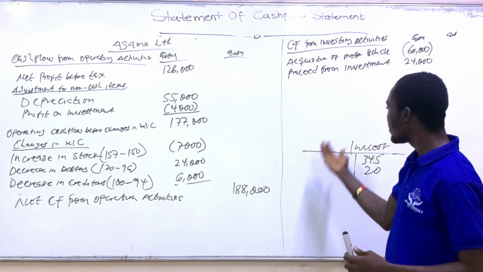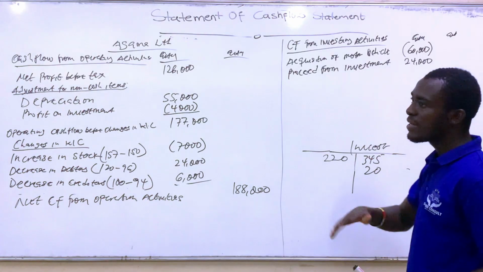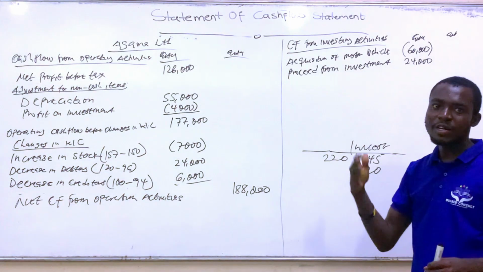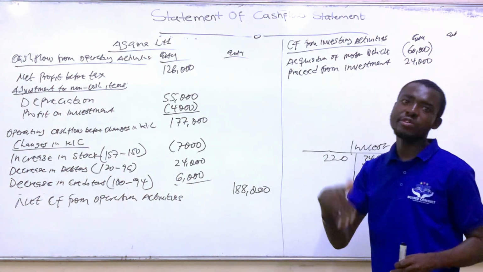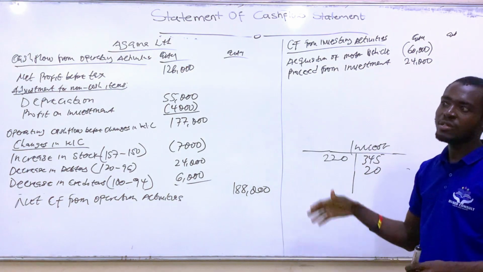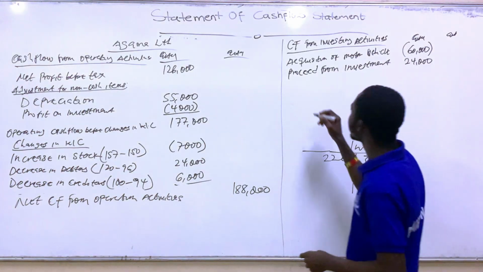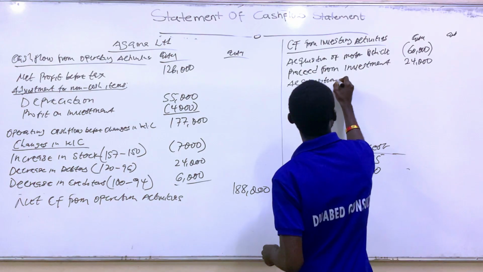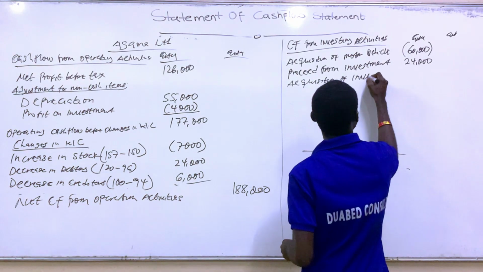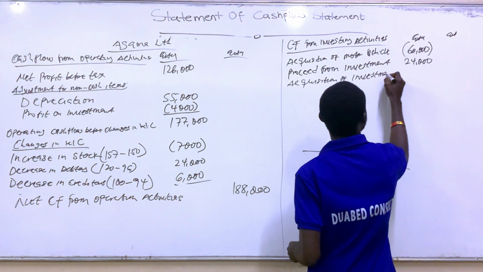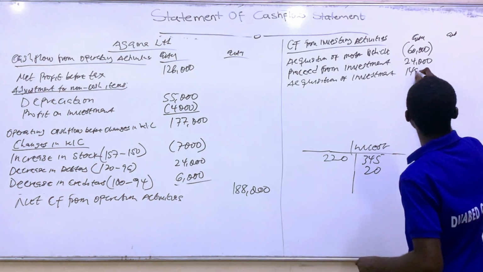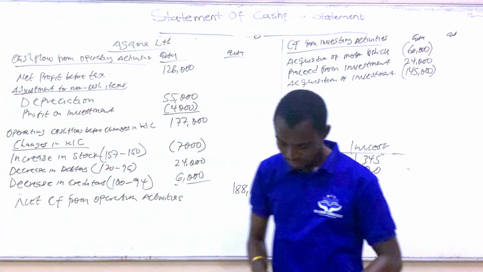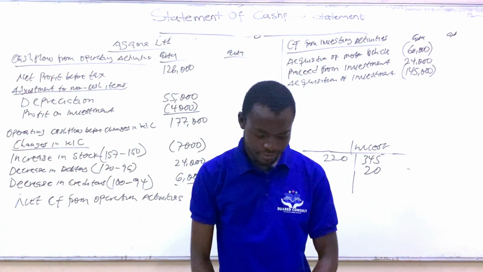So it means during the year, the organization invested 145,000. Since we are investing an amount of 145,000, it will reduce your cash and cash equivalents, so you put it in brackets. Acquisition of investment, 145,000.